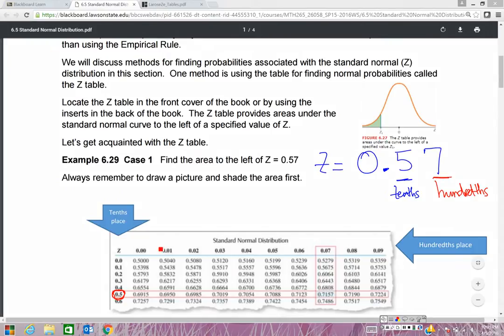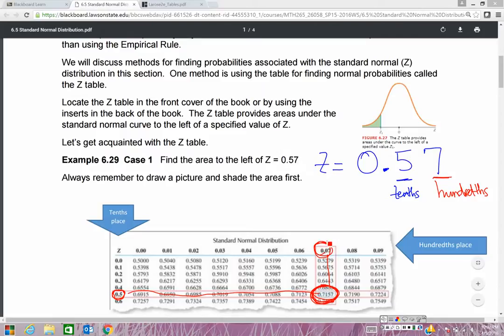So you're going to go all the way to 0.07 here and find the intersection of these two numbers. And what's in the intersection? 0.7157. So this is saying that 0.7157 is the area that will be shaded to the left of this particular z, if z was equal to 0.57.